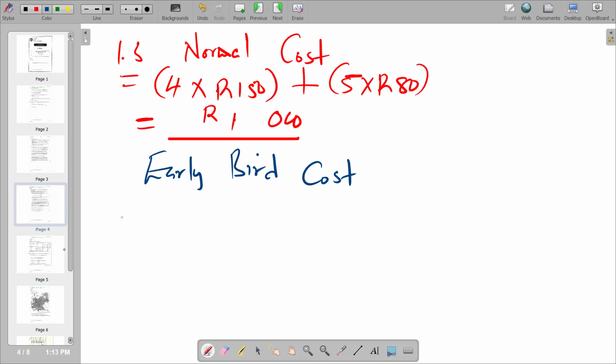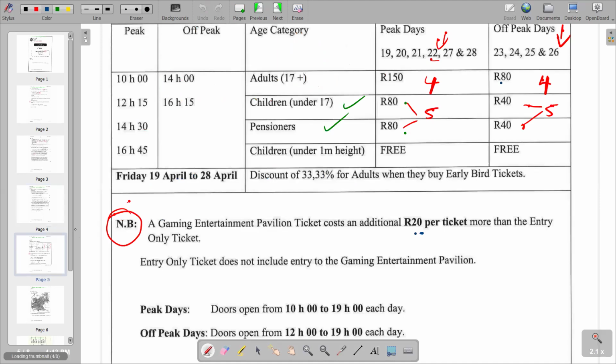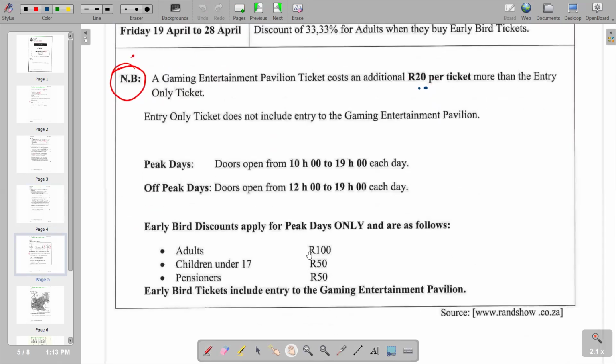We go back again to see the prices that we have for early birds. We go down and see that for early bird for adults we have got 100. So for adults we have got 4, and then for children under 17 and pensioners we have 5.